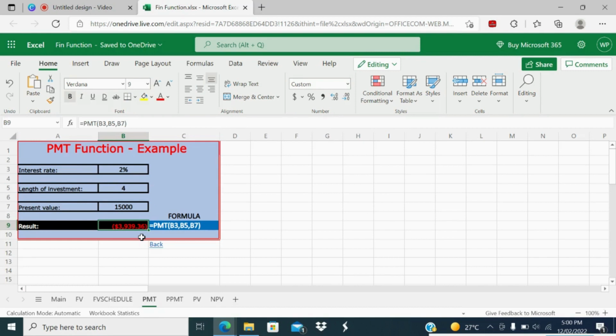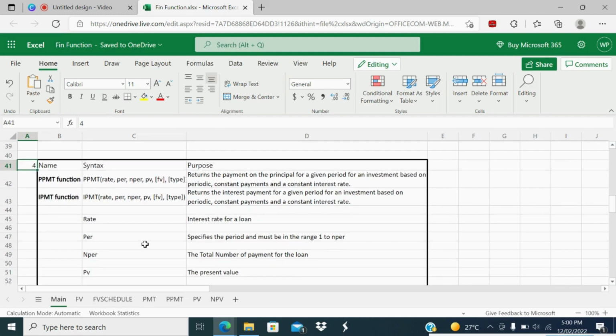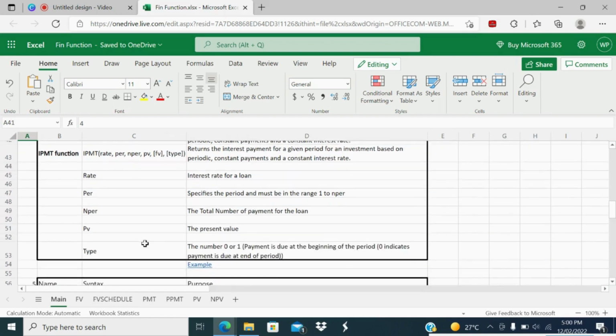So these two values we are going to learn in the next formulas, that is Ppmt function and Ipmt function. Now Ppmt function, what will it do? It returns the payment on the principal for a given period for an investment or a loan. And second, Ipmt function returns the interest payment for a given period. So let's see in the previous example how much is the principal amount and how much is the interest.